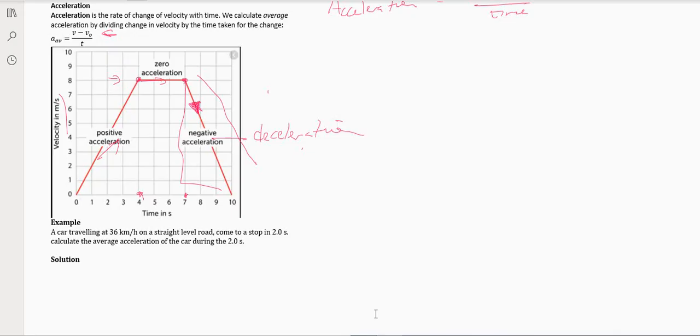All right, so in order for us to tackle a question like this, guys, we have to bear in mind that we're dealing with average velocity, not average velocity, I mean average acceleration, which is equal to final velocity minus initial velocity, divided by the time, right?